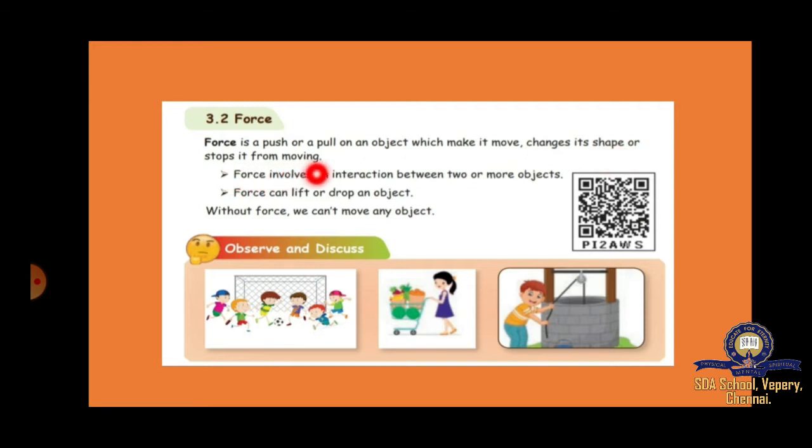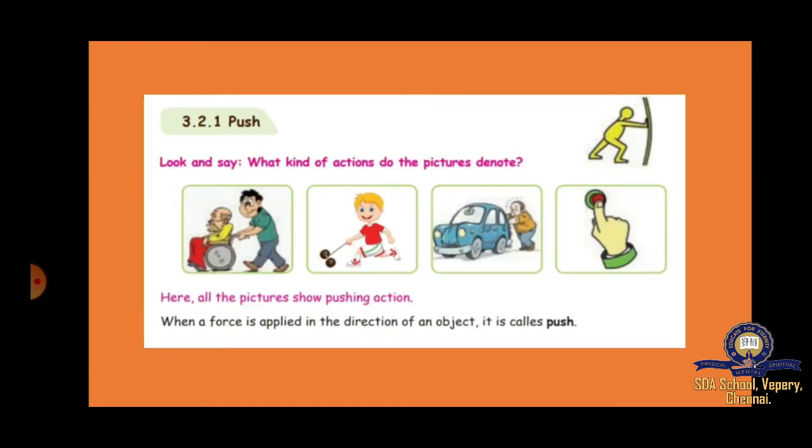Force involves an interaction between two or more objects. Force can lift or drop an object. Without force we cannot move any object. In the previous class we have already finished what is push.